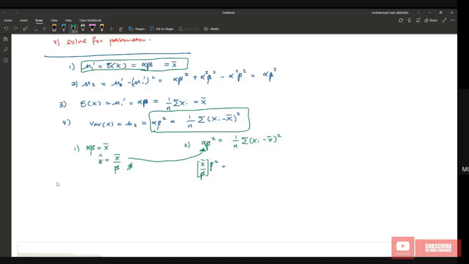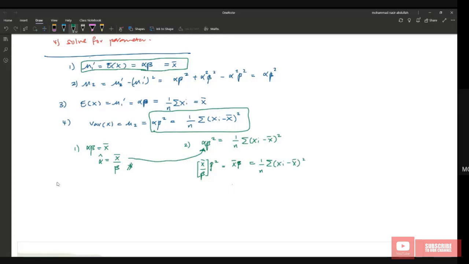So this gives x bar beta, also equal to 1 over n summation of xi minus x bar squared.